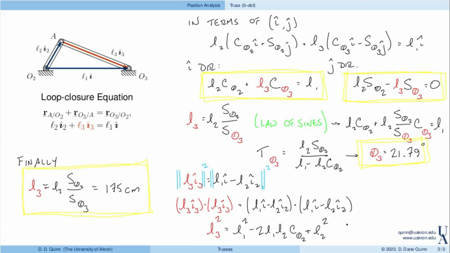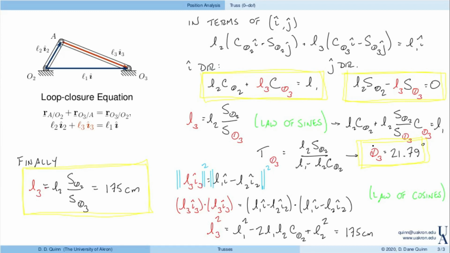And it turns out that this is actually the law of cosines. Of course, if you plug these values in, you end up with 175 centimeters. So in this last bit, we have found a way to directly solve for L3 without worrying about theta 3.